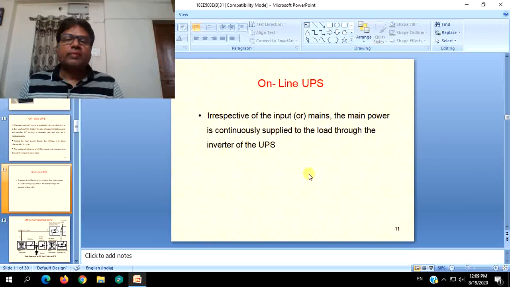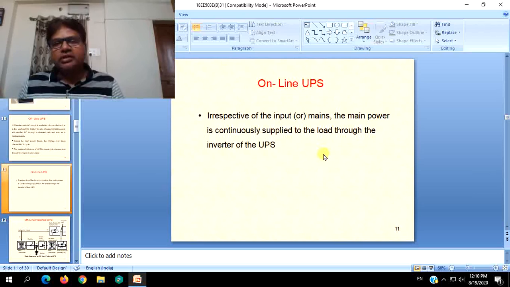Online UPS, contrary to the offline UPS, irrespective of the input mains, the power is continuously supplied to the load through the inverter of the UPS. That is, when the supply mains is on, then also that single phase AC is converted to DC and then inverted to AC.